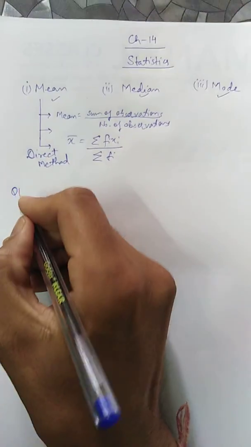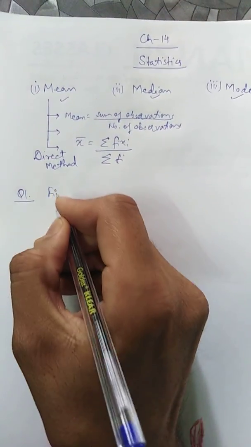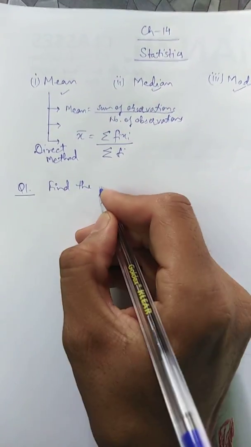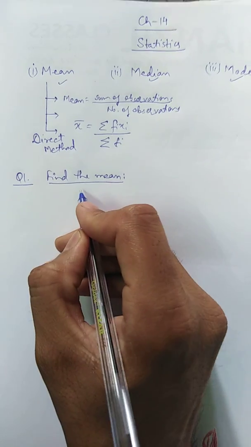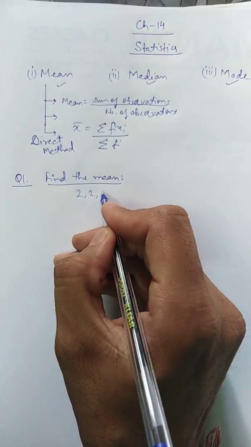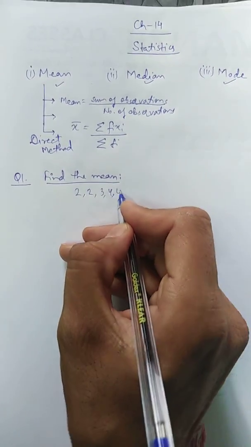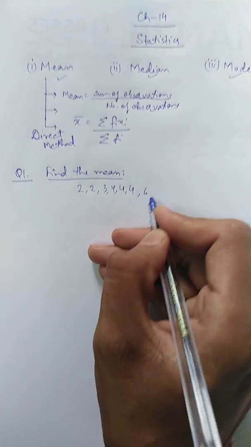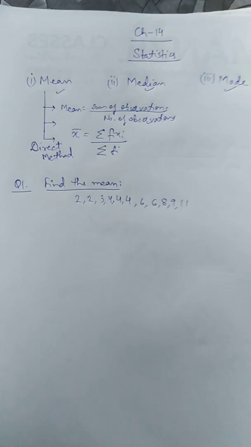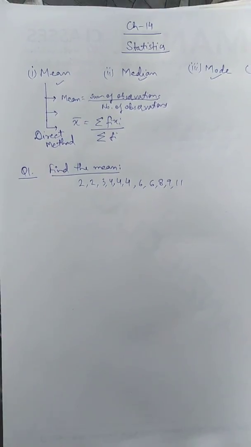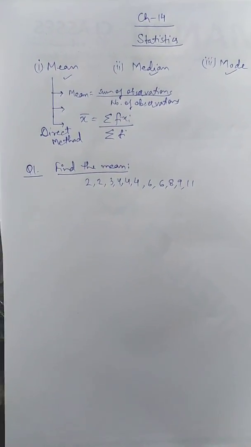Taking question 1, find the mean. The data be 2, 2, 3, 4, 4, 4, 6, 6, 8, 9, 11. As you all know, this is the data in the form of individual series.